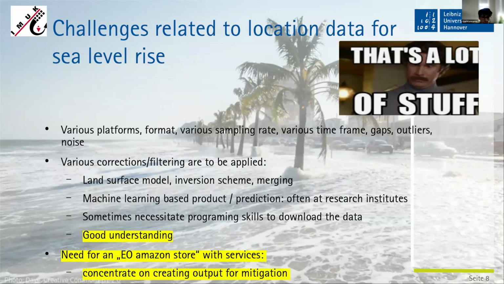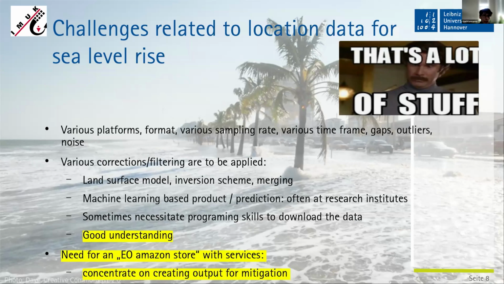And as a researcher, I am really dreaming of a kind of Earth observations Amazon store with all services provided: access to the data, someone who would be able to download them, process them, make them homogeneous.